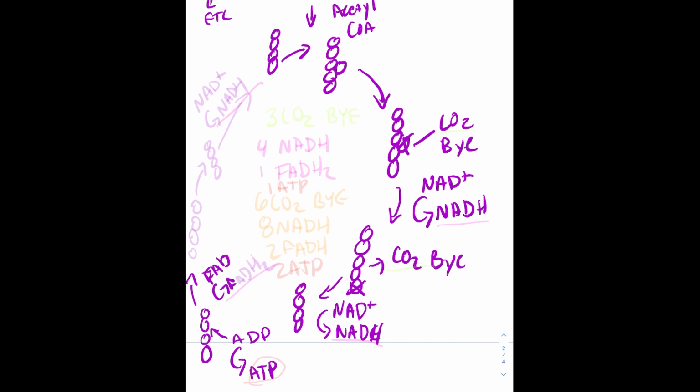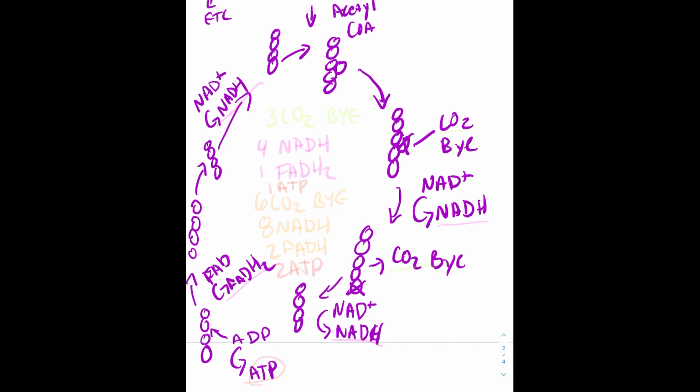It's going to be FADH2. Come around until we get back to the beginning where we have one more NAD plus come around. And it becomes NADH. And it's going to take the electron again.